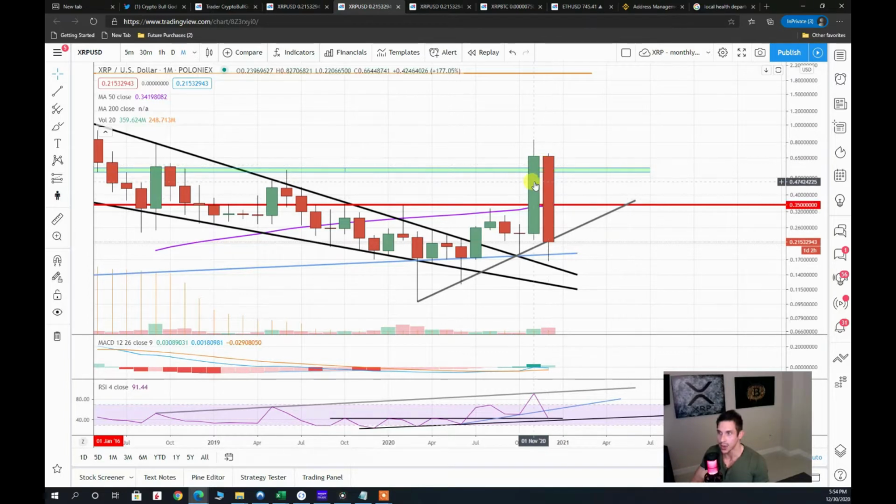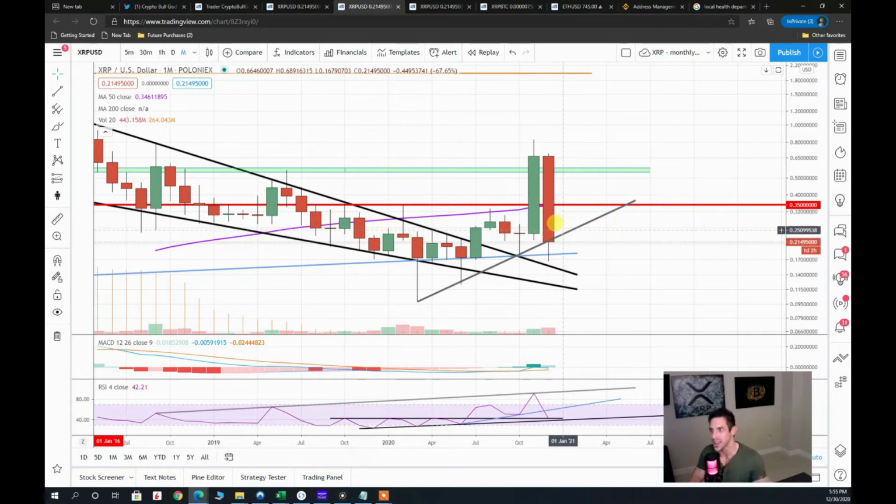Now we opened November at 24 cents. This red candle currently is not going to close green. If we close December at or below 24 cents, very, very bearish. That's the only thing I would pay attention to on the monthly.